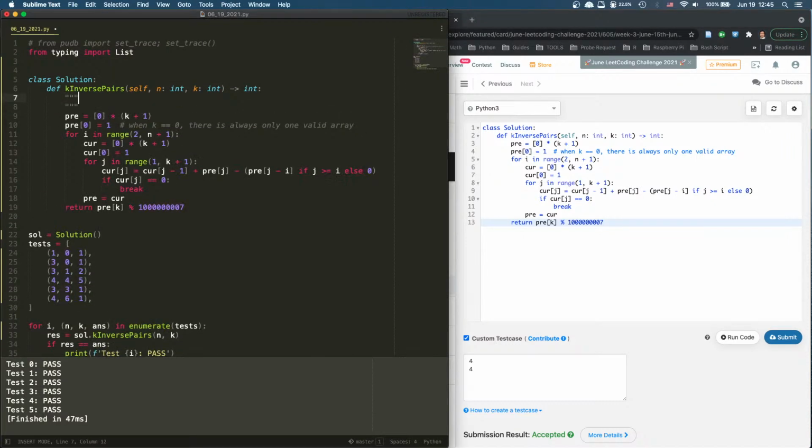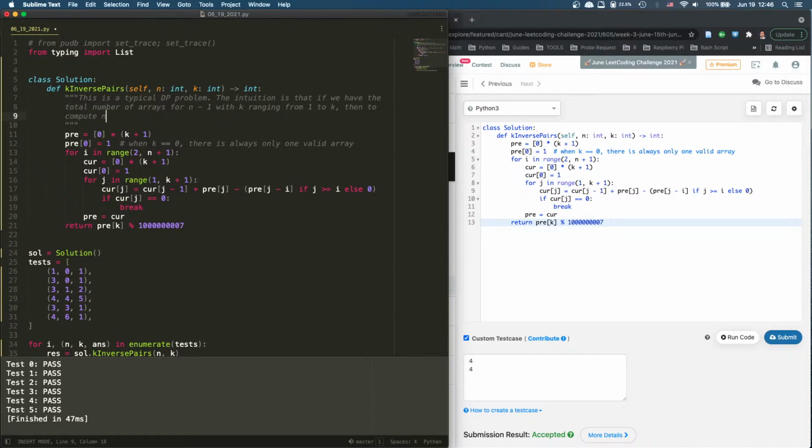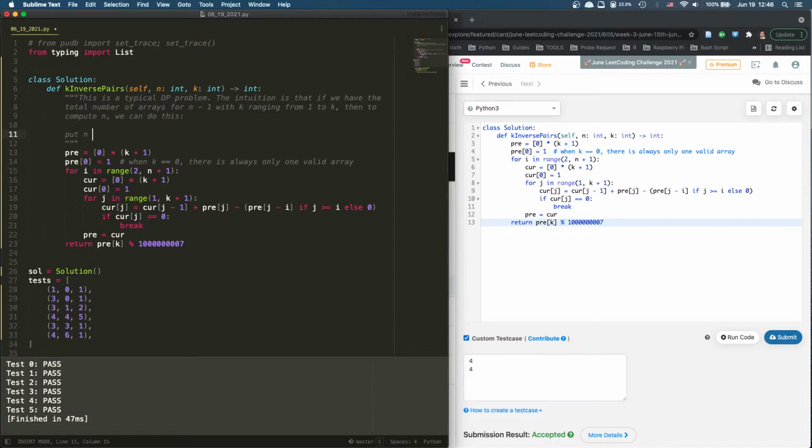Okay, so this is a typical DP problem. The intuition is that if we have the total number of arrays for n minus 1, with k ranging from 1 to k, then to compute n, we can do this.